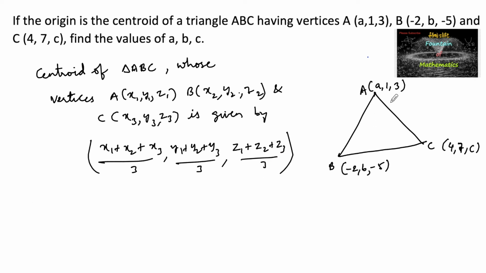So here the three vertices are given: A(a, 1, 3), B(-2, b, -5), C(4, 7, c).